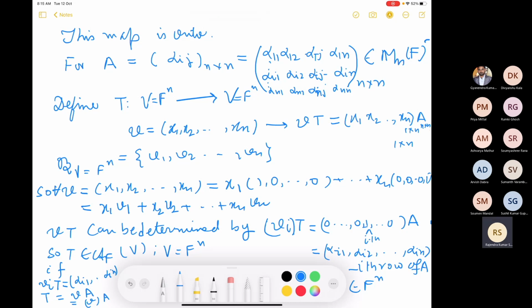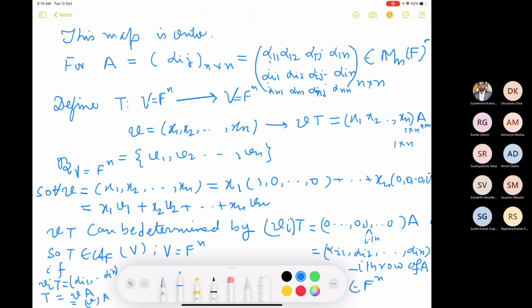This basis consists of matrices of the form E_ij, where the matrix E_ij is of order n by n, and the entries are 0, except only one entry which is non-zero, and this entry is 1, and it appears at the intersection of the ith row and jth column. These matrices are n square in number, and they form a basis, which is known as the standard basis for the matrix algebra M_n(F).